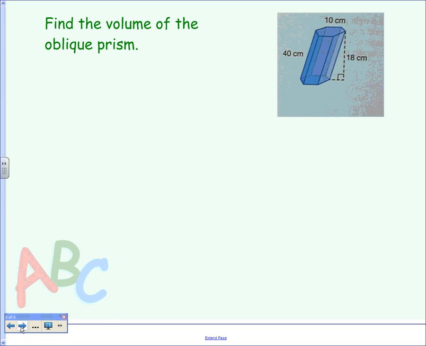Looking at the last one. Do y'all know what oblique is? It is a prism that has at least one non-rectangular face. And usually they're also slanted. The surface area and the volume of an oblique prism are found using the same formulas that you use with a right prism.